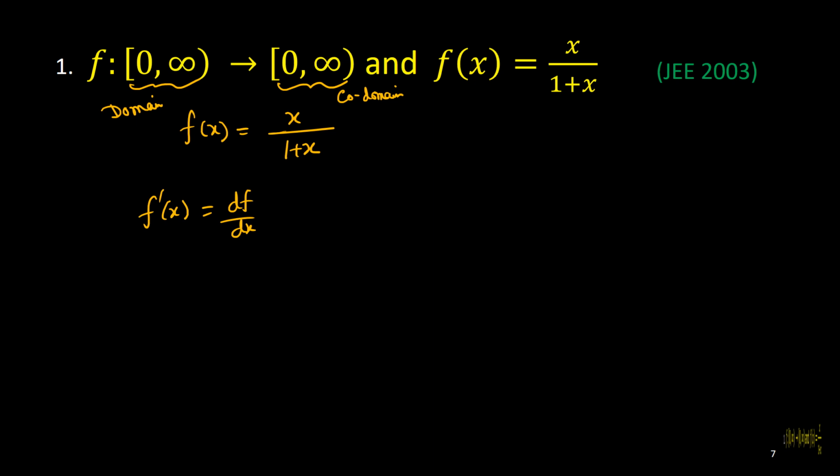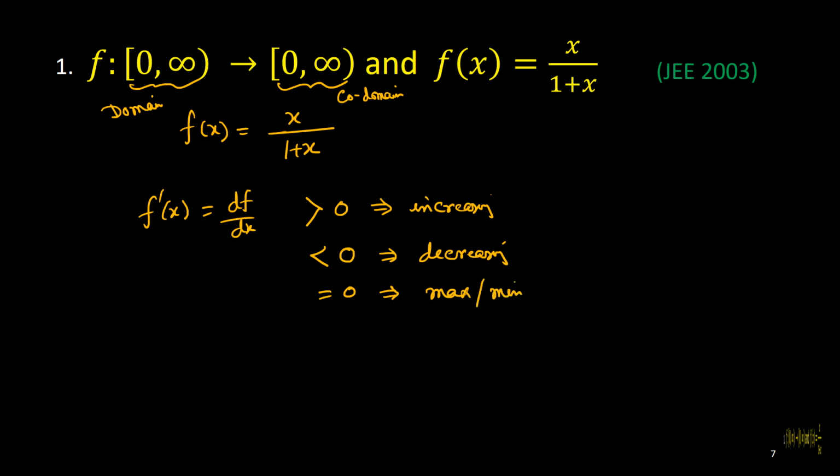Whatever you get, if this value is positive, that implies it is an increasing function, and if it is negative, that implies it is a decreasing function, and if it is 0, at that time the function has a maxima or minima. Okay, so we are interested in whether the function is increasing monotonically for the entire interval of this domain, or decreasing, right?